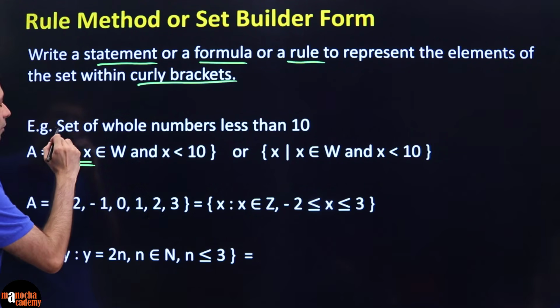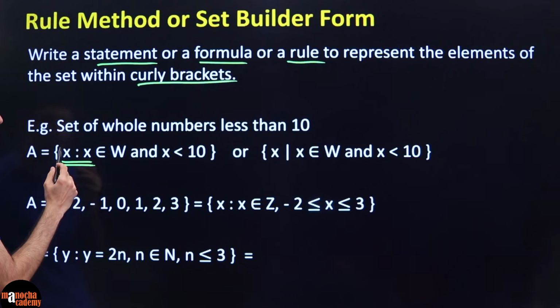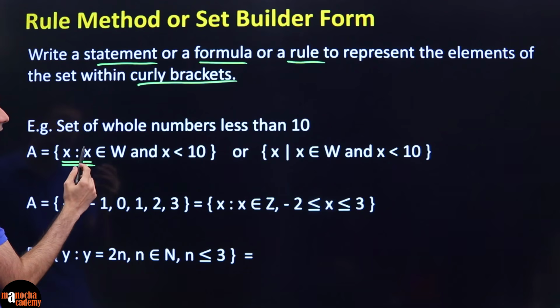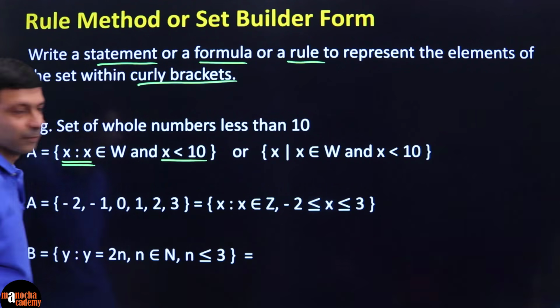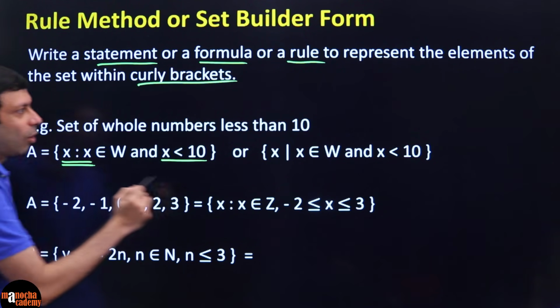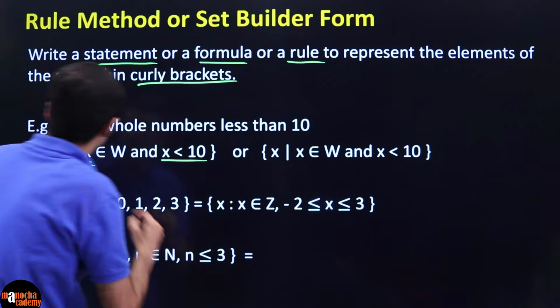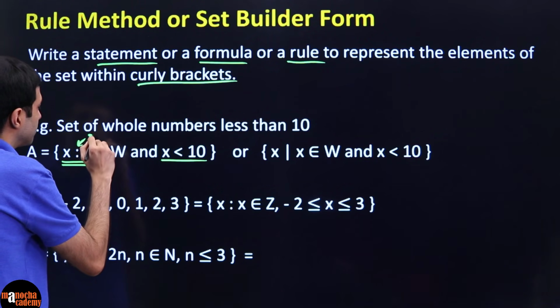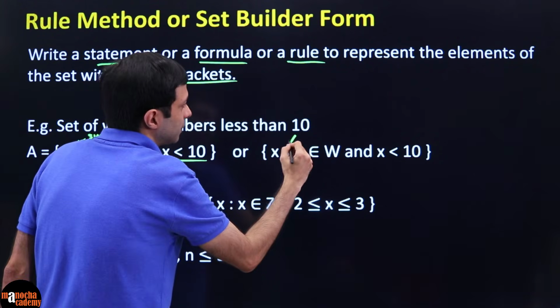Can you see? We have taken this whole sentence, the description method, and converted it into x such that x belongs to whole numbers and x is less than 10. Now you can put a colon for such that, or you can put this kind of a line. Please remember this colon or the line is representing the words such that.